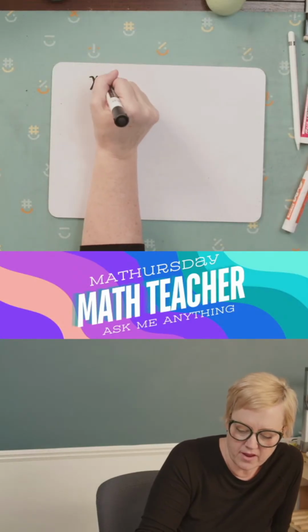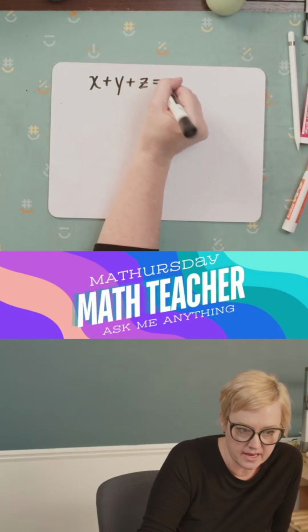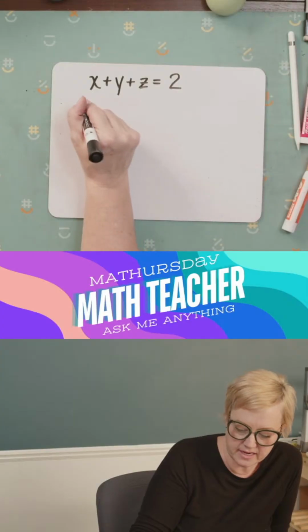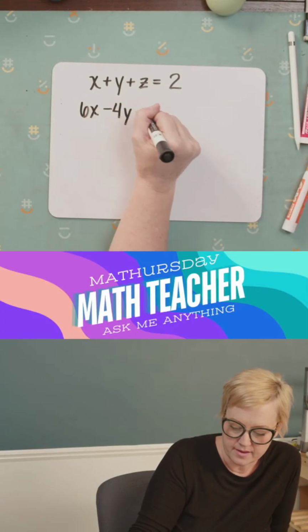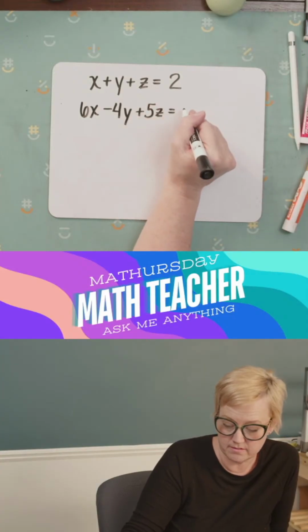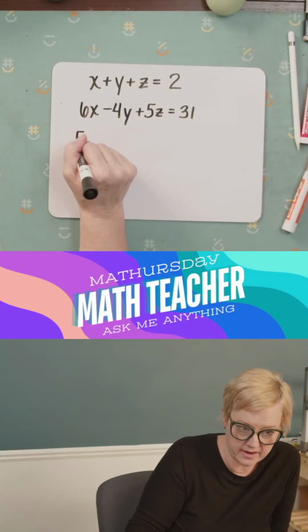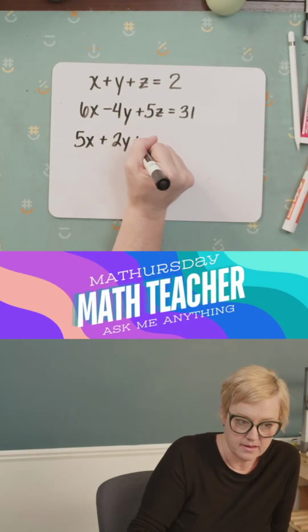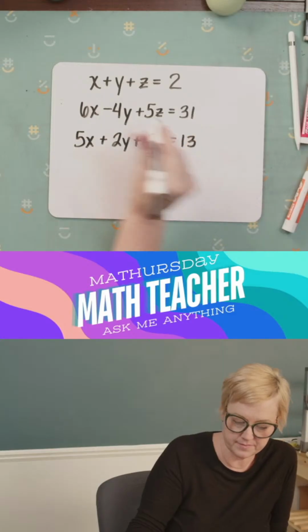Okay, so we've got x plus y plus z equals 2. We have 6x minus 4y plus 5z equals 31. And we have 5x plus 2y plus 2z equals 13.